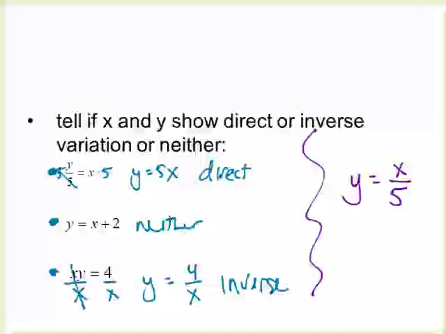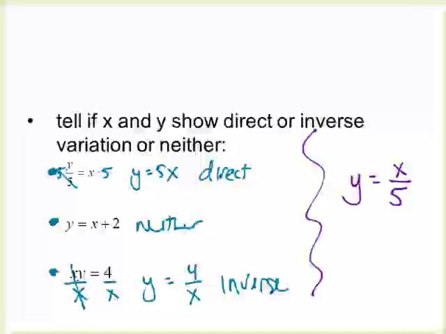I've heard all three answers, so let's break it down. Somebody who thinks inverse, why? It's division. Somebody who disagrees, what's the problem? X is in the numerator, and for inverse, it's supposed to be in the denominator. So that seems like a problem for inverse, but it is a division.